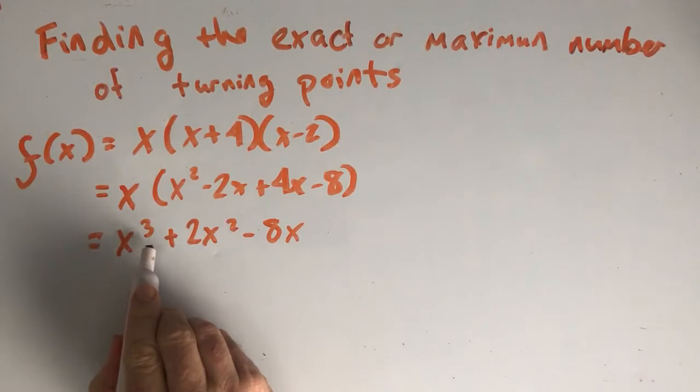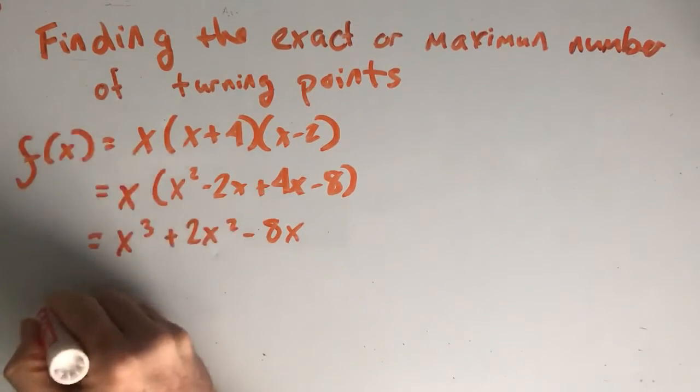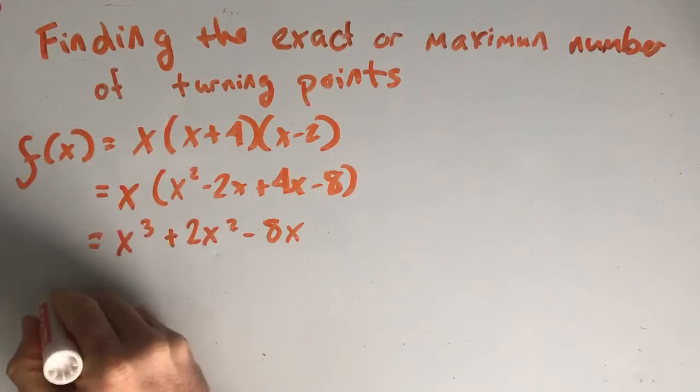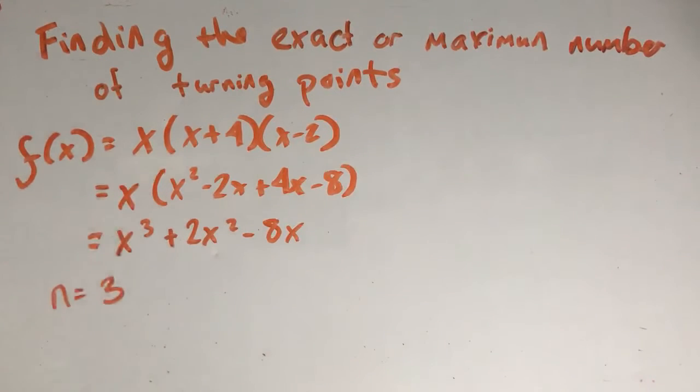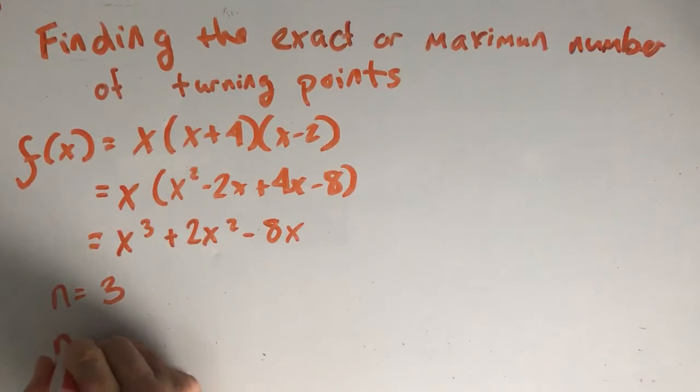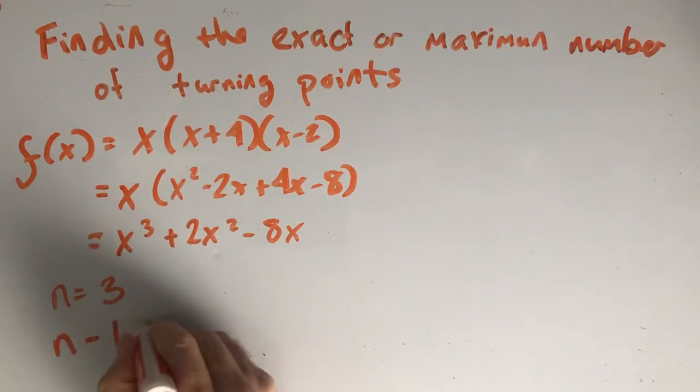N is the highest exponent here, so n is 3. Okay, so n is 3, and the way that you find the number of turning points is to take n minus 1.